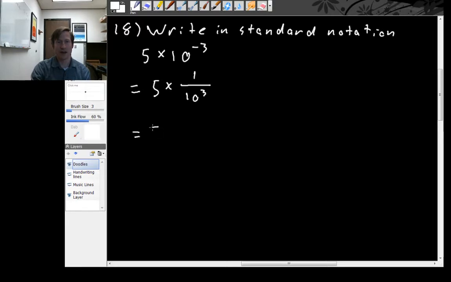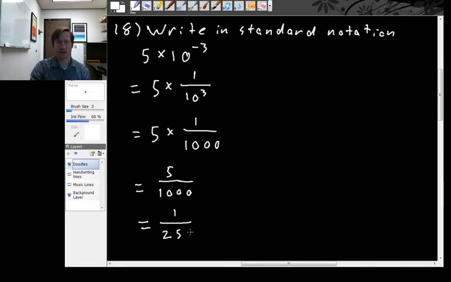So this is 5 times 1 over 1,000. 5 times 1 over 1,000, that's 5 over 1,000. And then you should simplify this fraction. This is 1 over 250. So as a fraction, the answer is 1 over 250.